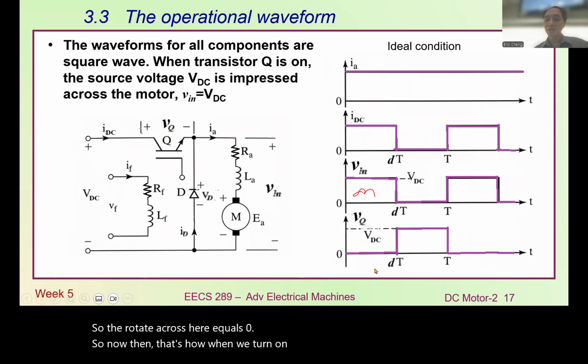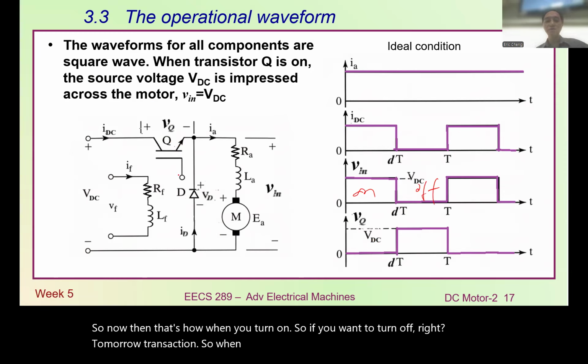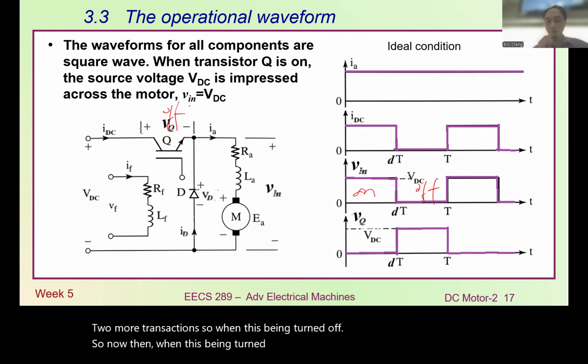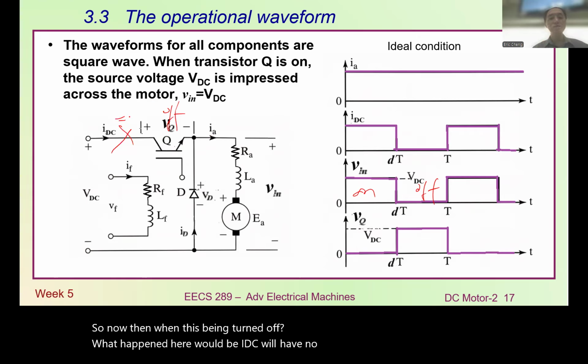So next, if you want to turn off the transistor, when this is being turned off, IDC will have no more current, equal to 0.